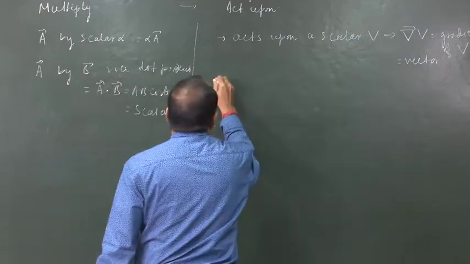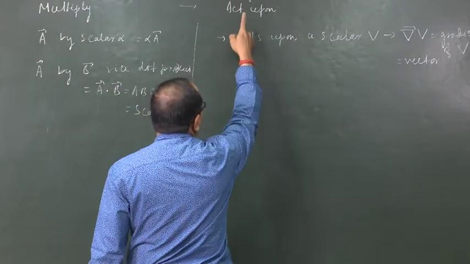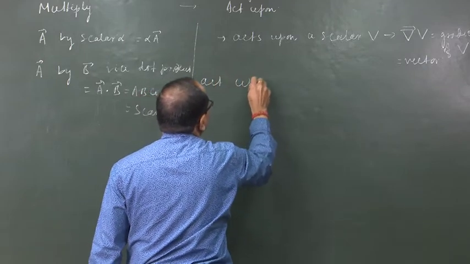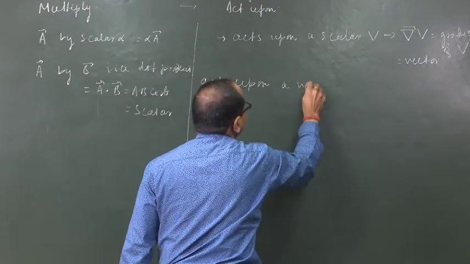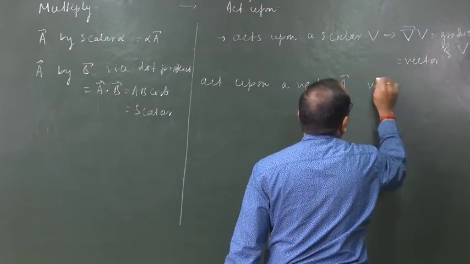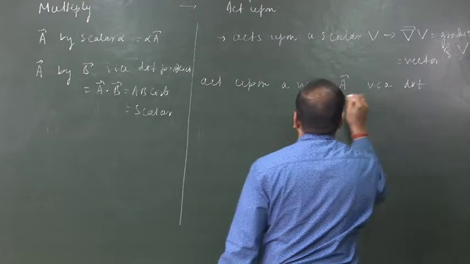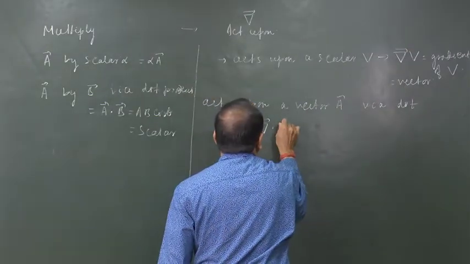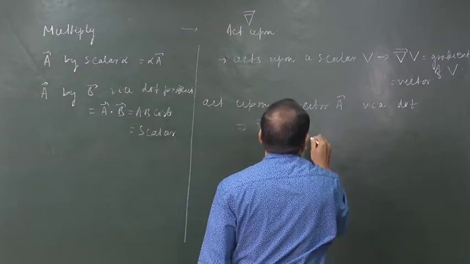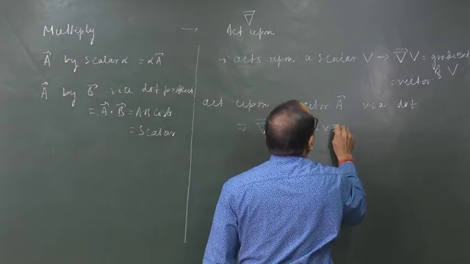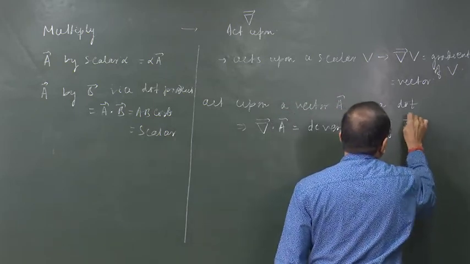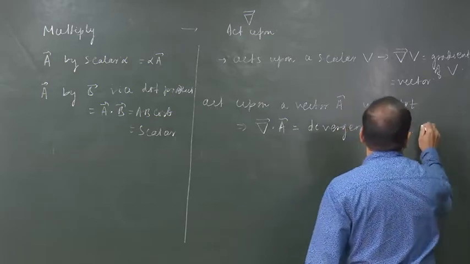Here our del can act upon a vector A via dot, that is del dot A. This is called divergence of A, which is a scalar.